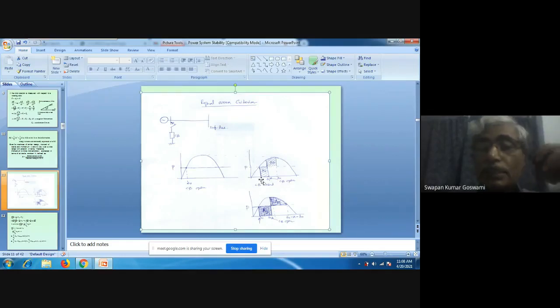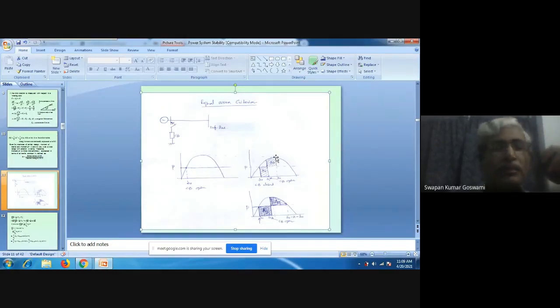Now note that here at delta 0 the speed was synchronous. What was the kinetic energy? It is the stored kinetic energy corresponding to rated speed. From here to here the speed has increased. Here the speed is much above synchronous, and from that speed, which was much above synchronous, the speed has decreased, and again at this point, corresponding to delta 2, the speed is synchronous.